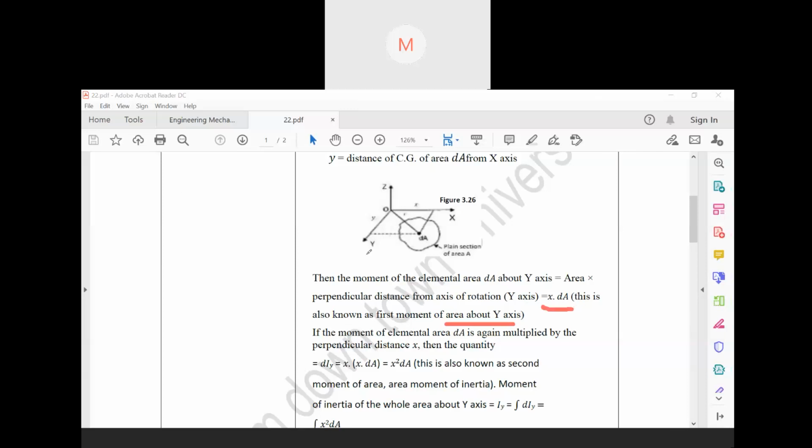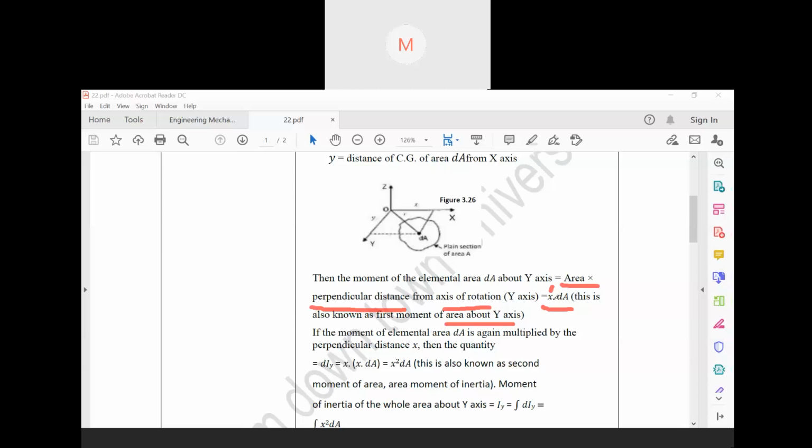Why? Because the area is dA and the perpendicular distance from the axis of rotation is X, because the lamina is at a distance of x from the y-axis. Then this is the moment of the elemental area dA.